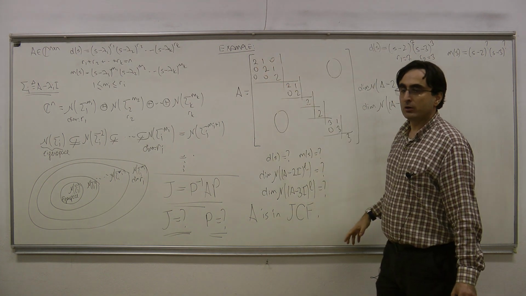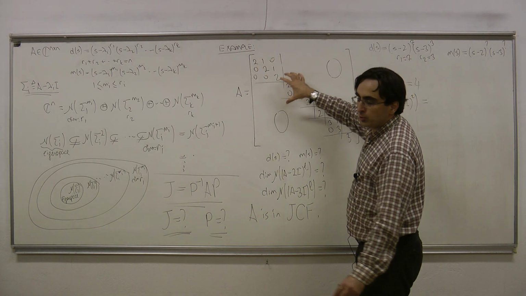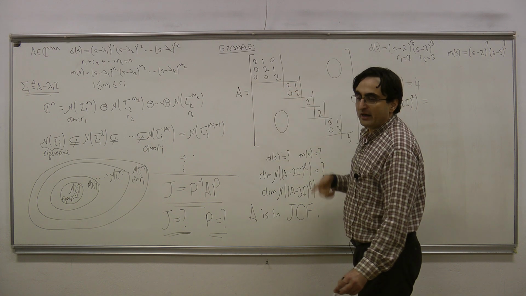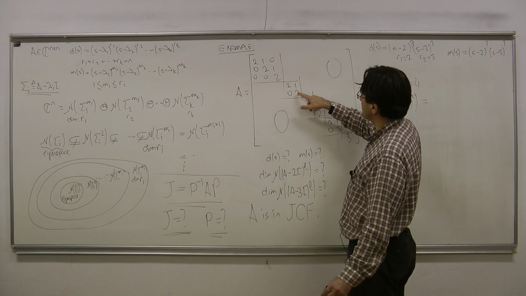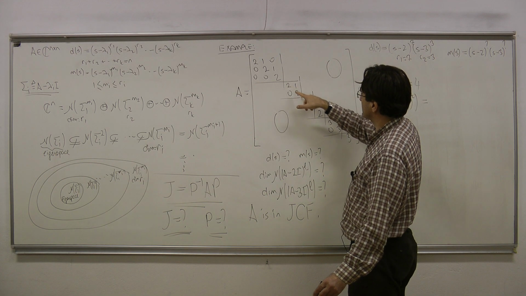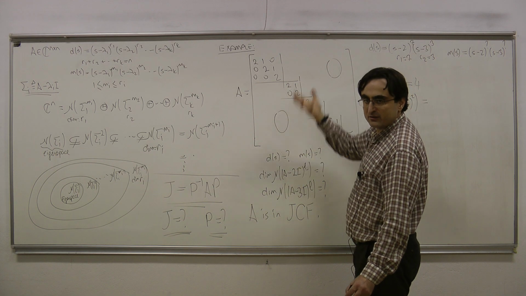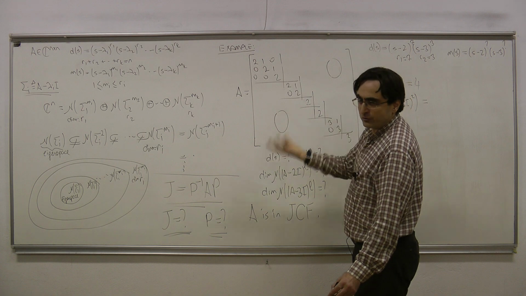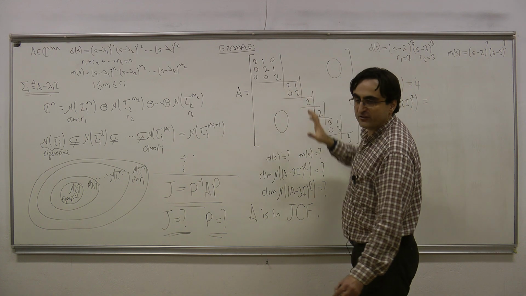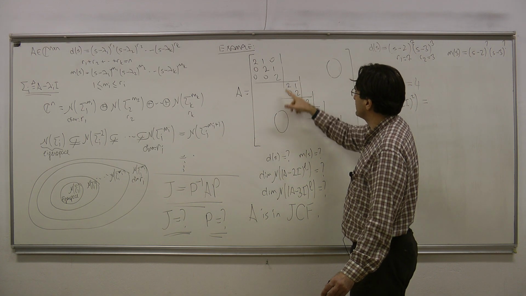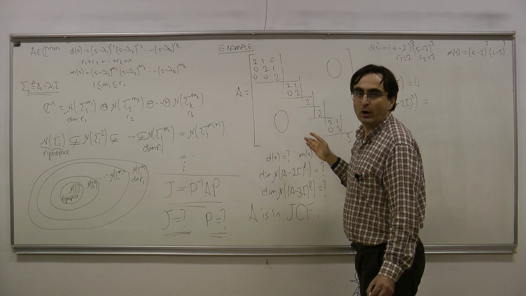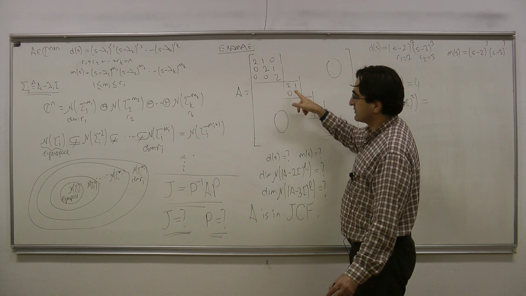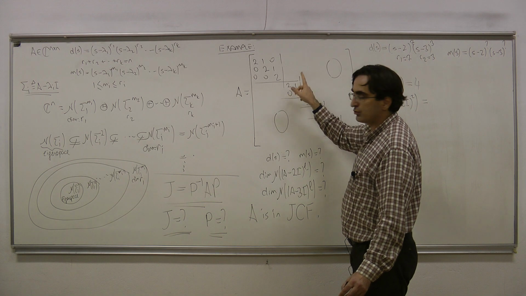What about this block? So this block is a 2 by 2 Jordan block, and when I subtract 2 from the diagonal, and when I take the square of this block, because the square power is equal to the size of this matrix, it is going to be completely 0. Subtract 2 from the diagonal of this matrix and take its square.